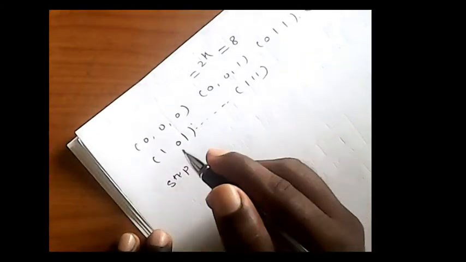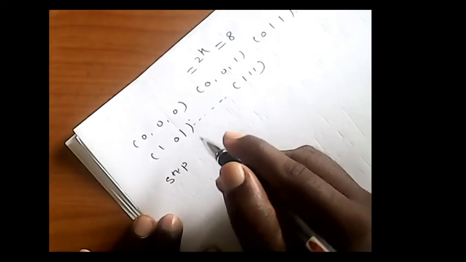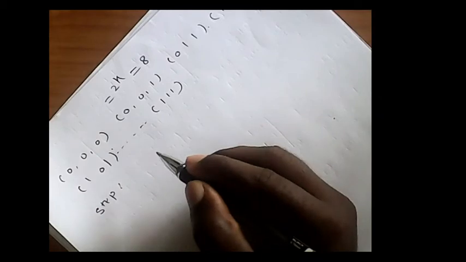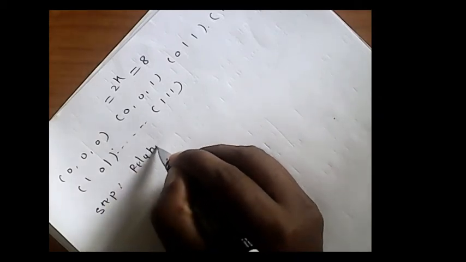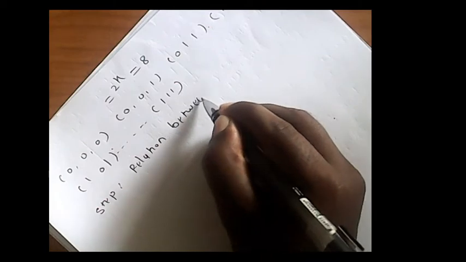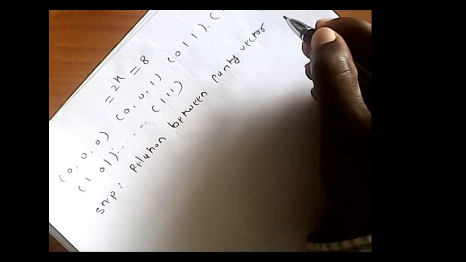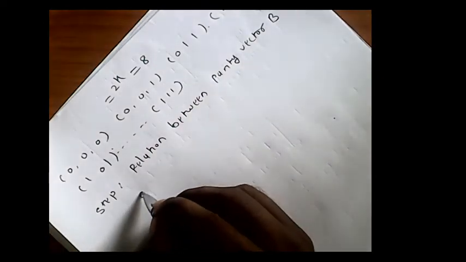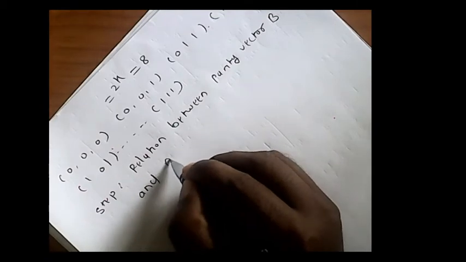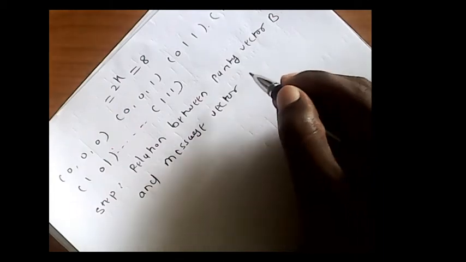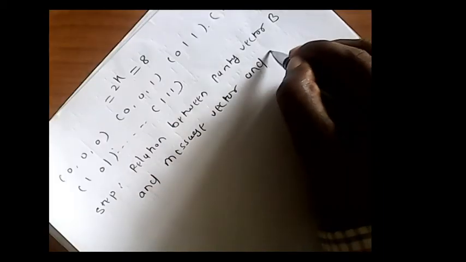Step 2, to find all the possible code vectors. In step 2, we find the relation between the parity vector B, the message vector M, which we saw in the previous lecture, and the coefficient matrix or parity matrix.